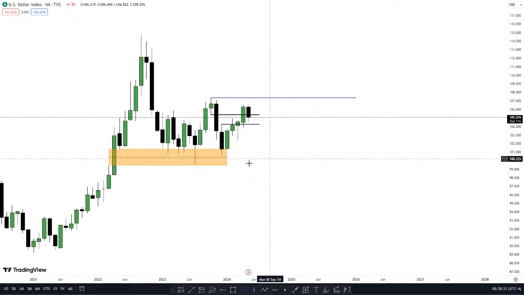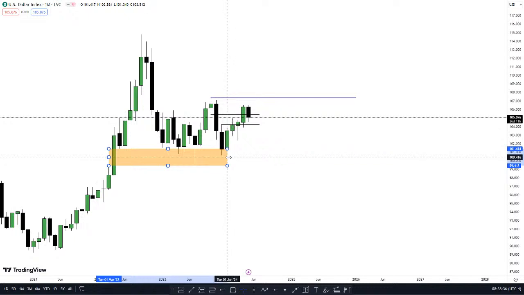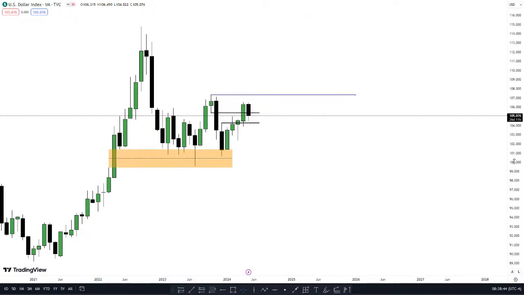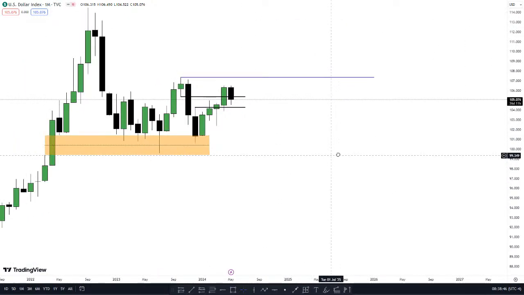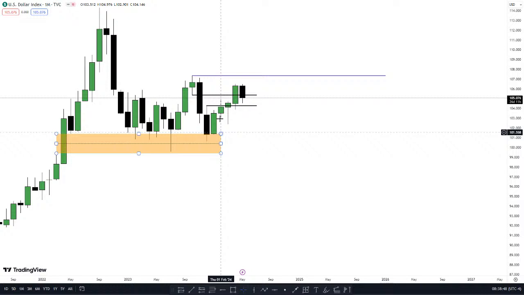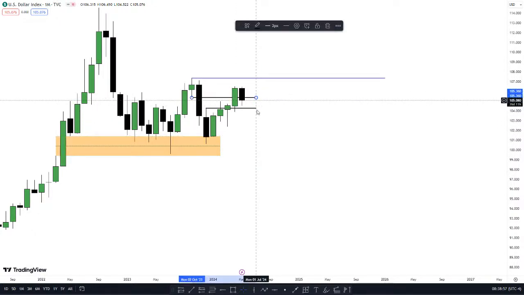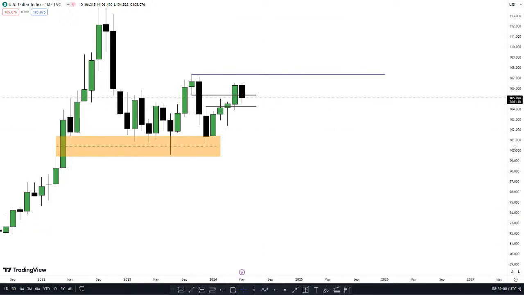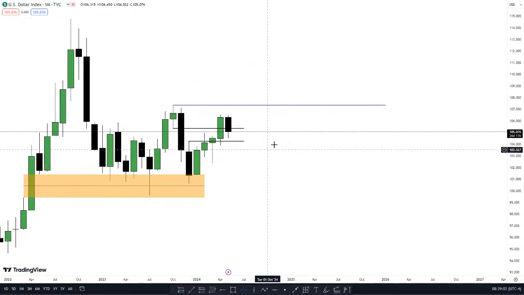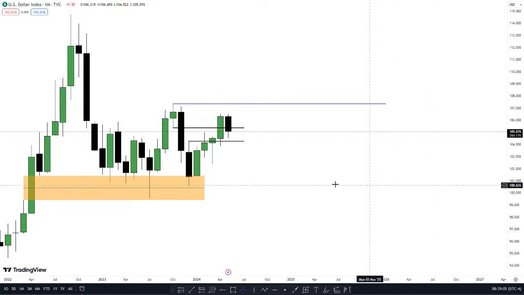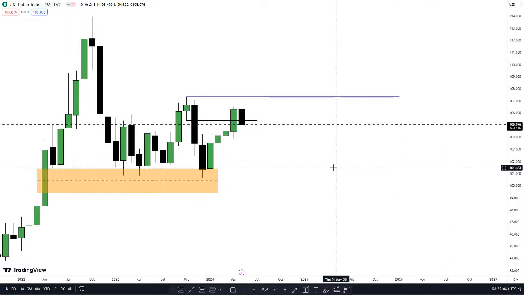But something interesting is that we found support on this monthly bullish fair value gap right here, and we gave off a reaction to this bullish fair value gap. We invalidated the sell side imbalance, closing above it last month, that is. So this is an inversion fair value gap. So I'm going to be using this inversion fair value gap to frame my trades, to frame any dollar trade I'm going to be having, depending on the liquidity that is going to be supported by that chart.